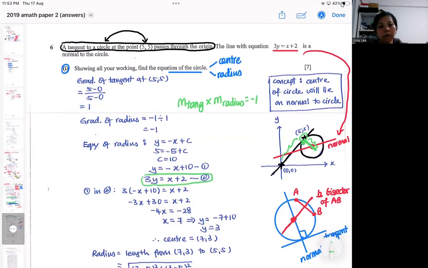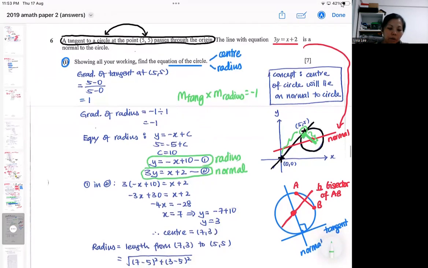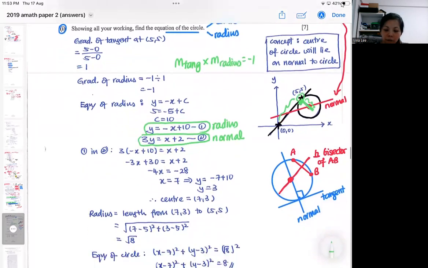Of course, this radius will pass through the center. That's why I'm doing a simultaneous equation. This is the radius, and this is the normal. Both of them pass through the center, so I do simultaneous equations and I will get the center. Once you get the center, it's very easy to get the radius.